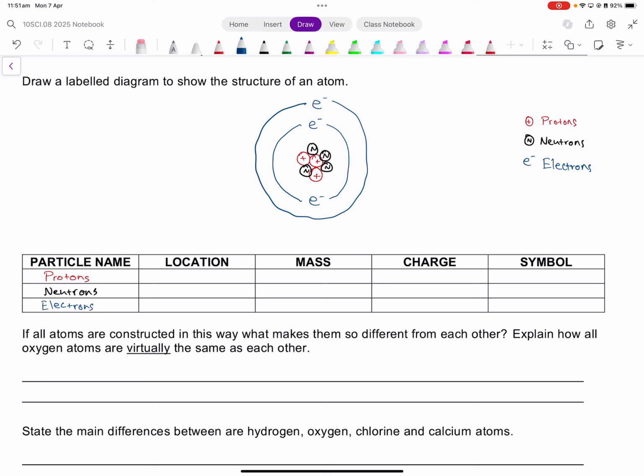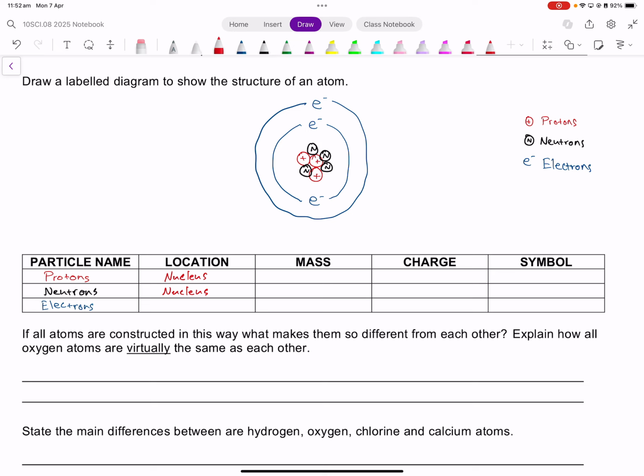In terms of their location, what do you reckon? Yeah? For which 2? Great. So I'm writing proton then. I should be writing nucleus and nucleus. What about electrons? Atom. Yeah, in the atom.